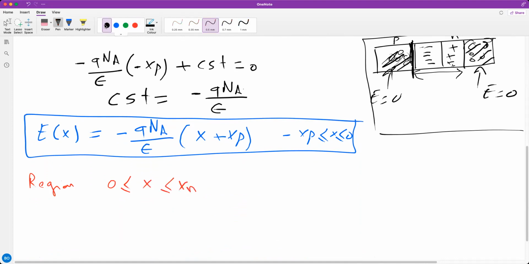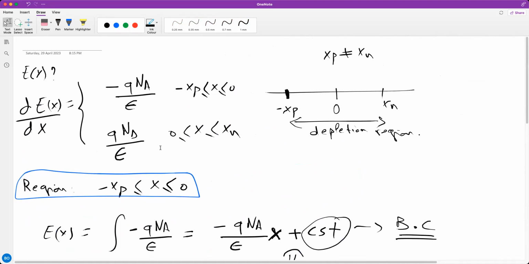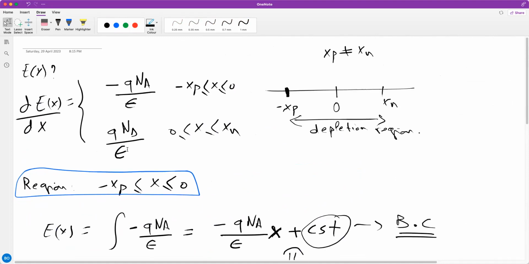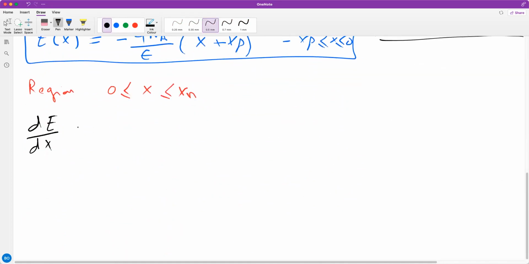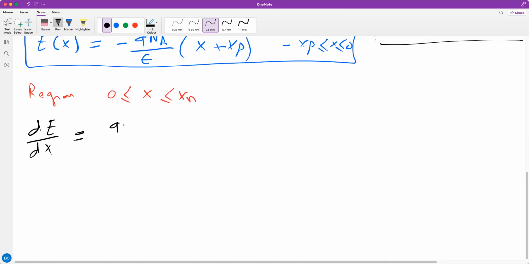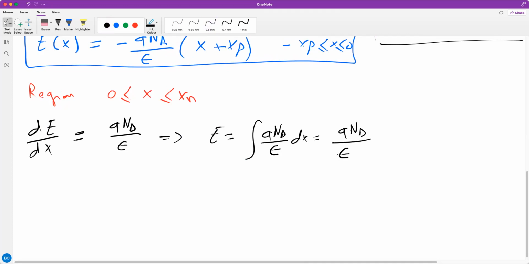I know that the derivative of the electric field is QND over epsilon. Again, we do the same thing. This means that the electric field is equal to the integral of QND over epsilon dx, which is equal to QND over epsilon x plus constant.